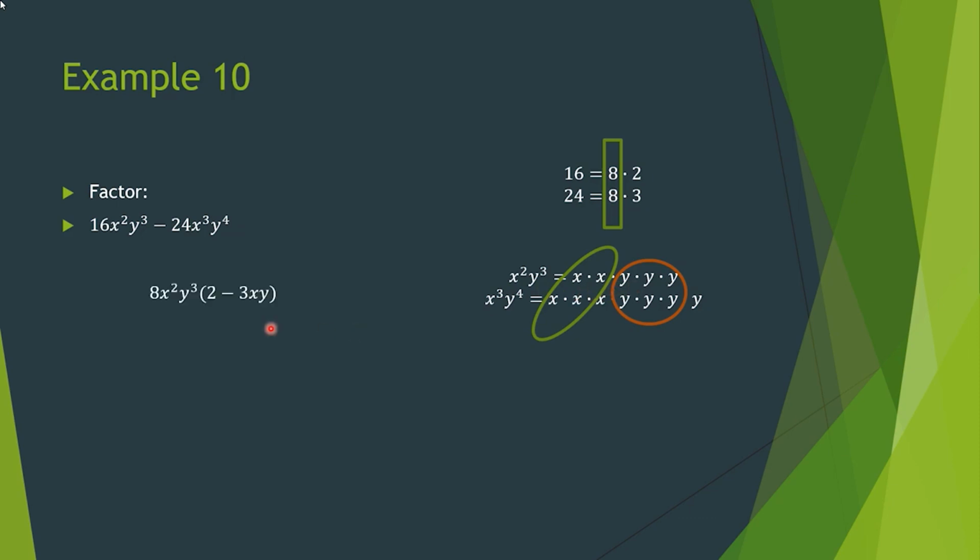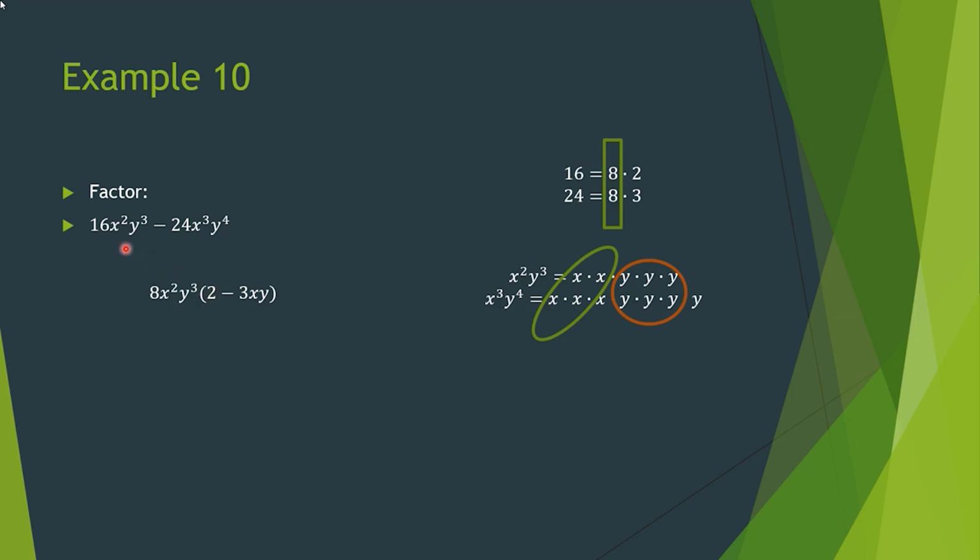Now you're pulling that out, so you're doing the opposite of the distributive property. So what times 8x squared y cubed gives you the 16x squared y cubed? That would be 2. 2 times this gives you that 16x squared y cubed.